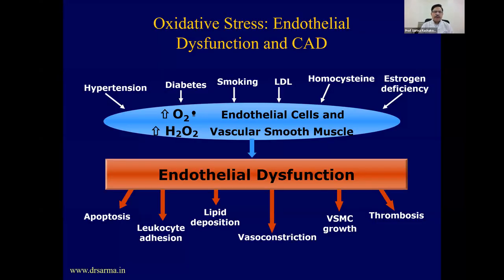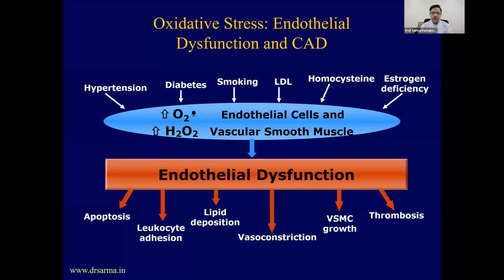Now, hypertension, diabetes, smoking, LDL, homocysteine, estrogen deficiency, either surgically or naturally. So, if a woman becomes surgically estrogen negative by hysterectomy, or naturally by menopause also. All of these increase the oxygen free radicals at the level of the endothelial cell.